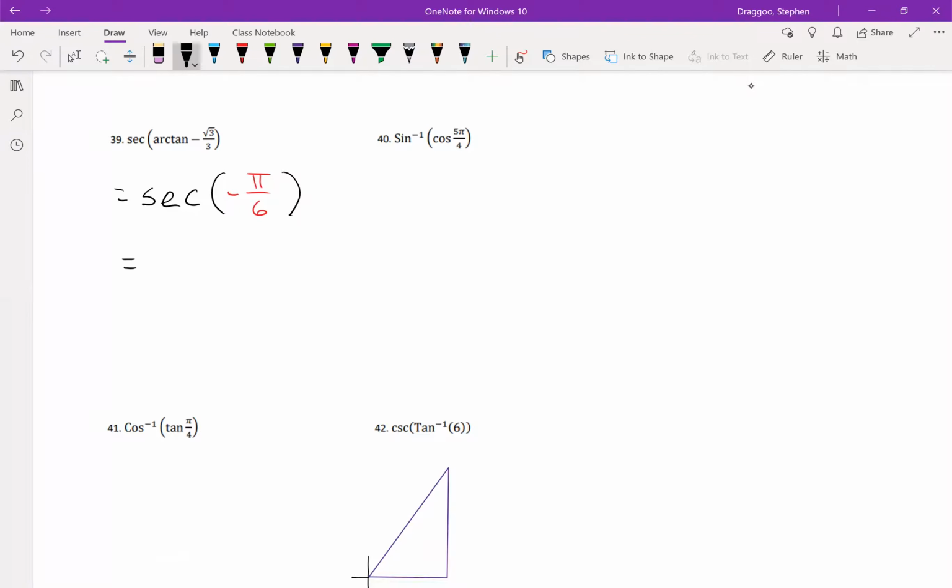That's in the 4th quadrant where secant is positive, so this should come out to a positive number. And we should end up with 2 root 3 over 3. Since the cosine value at negative pi over 6 is going to be root 3 over 2, the reciprocal of that is 2 over root 3, or 2 root 3 over 3 if we rationalize.